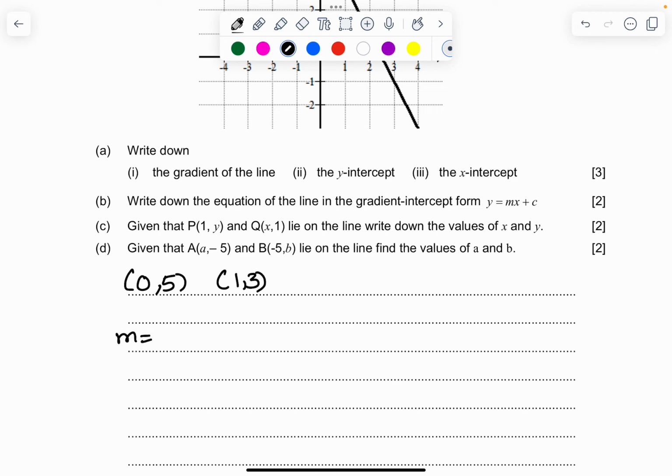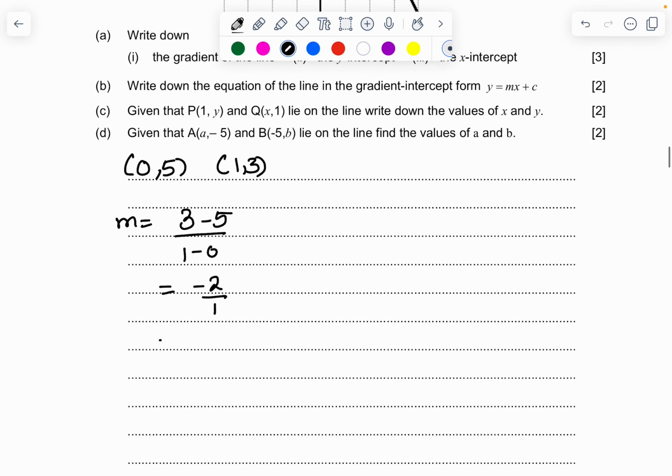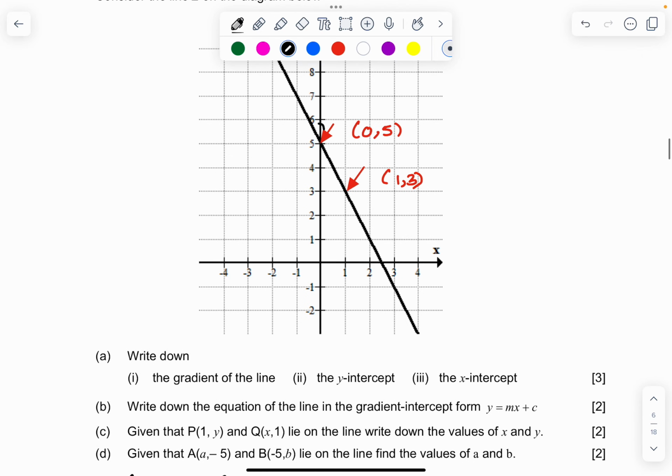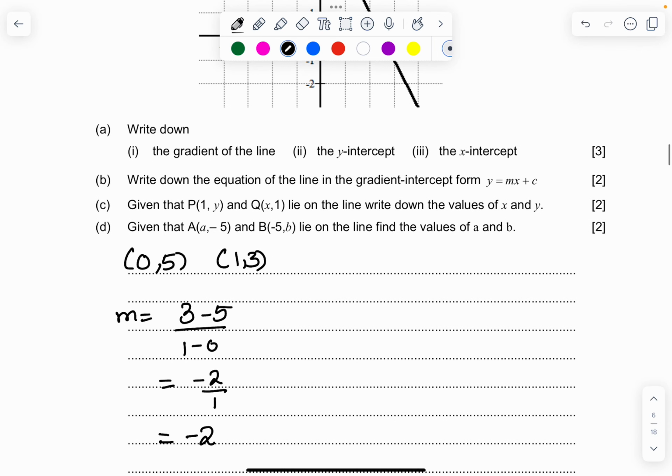Then the gradient is (y2 minus y1) by (x2 minus x1), which is -2 by 1, which is going to be -2. So the gradient is -2. Y-intercept is nothing but where it intersects the y-axis. So that is part 1.